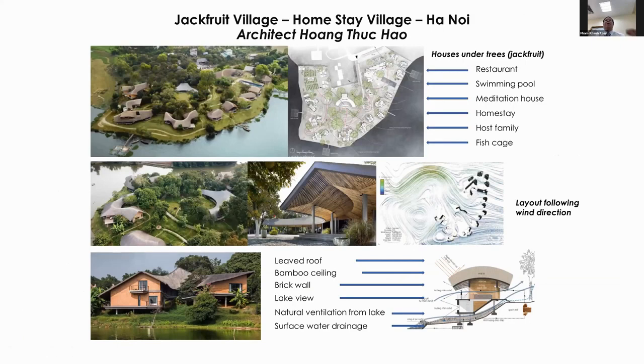The second project of his is the Jackfruit Village, a kind of homestay village in Hanoi. There are houses under the trees with multiple functions: for the host family to live in, for homestay guests, a meditation house, a swimming pool, a restaurant, etc. All buildings look to the lake, with a leafed roof, bamboo ceiling, brick wall, and really natural ventilation from the lake.